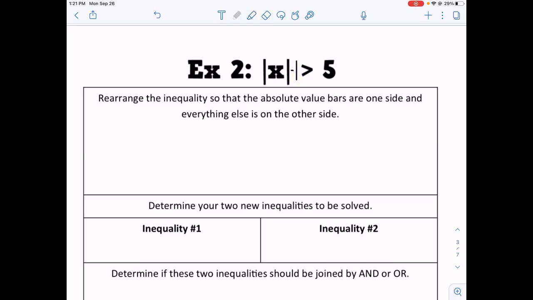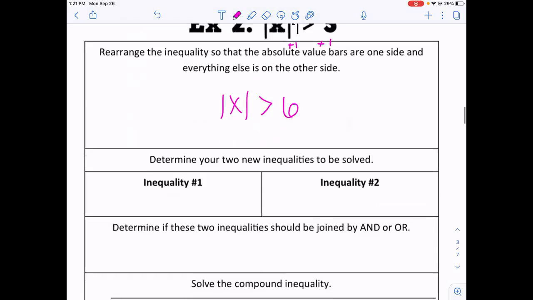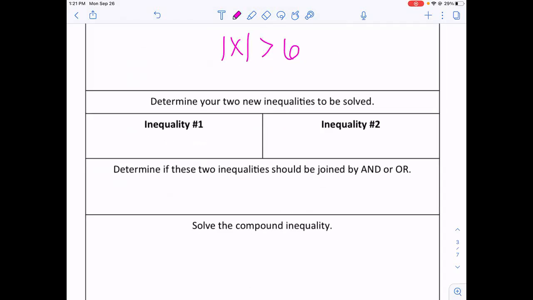We need to add 1 to both sides. Okay. So if we add 1 to both sides, we have the absolute value of x is greater than 6. Well, our two inequalities, we're going to remove the absolute value bars and keep everything the same.